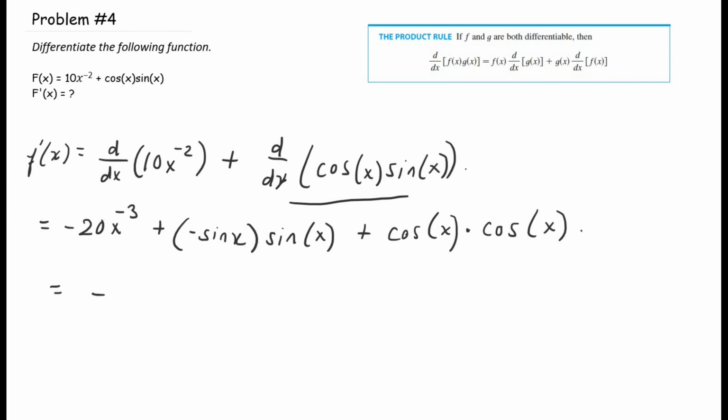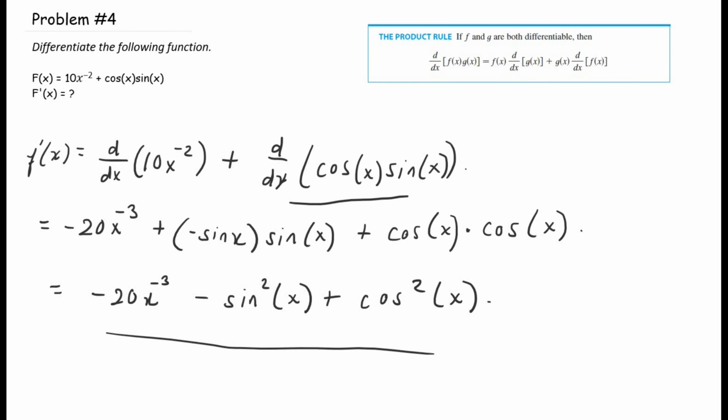So we can simplify this. Gives you minus 20x to the minus 3 minus sine squared x plus cosine squared x. So here's your solution.